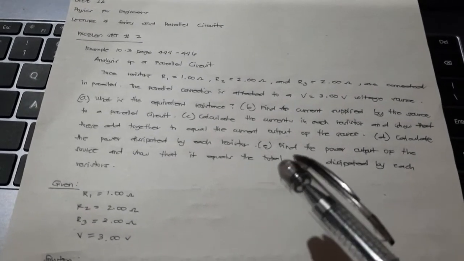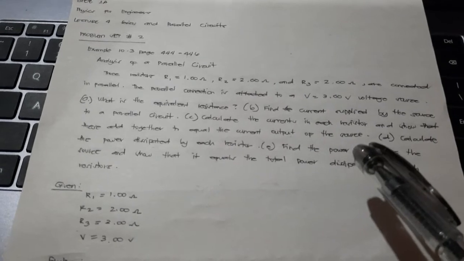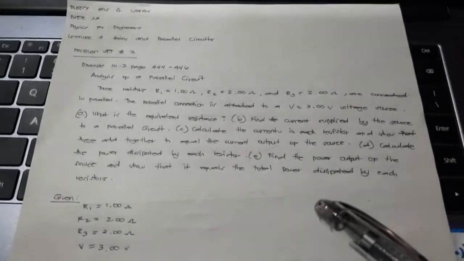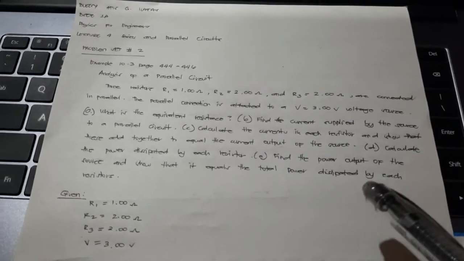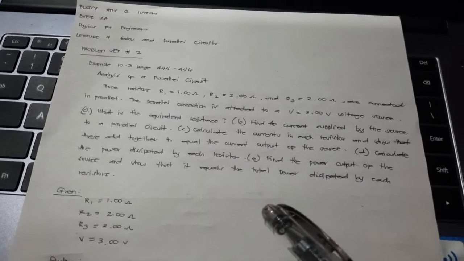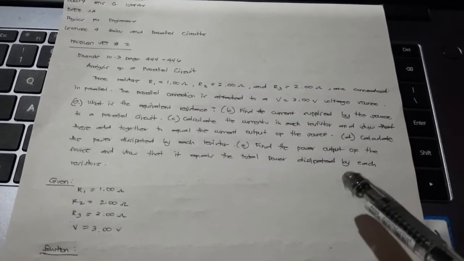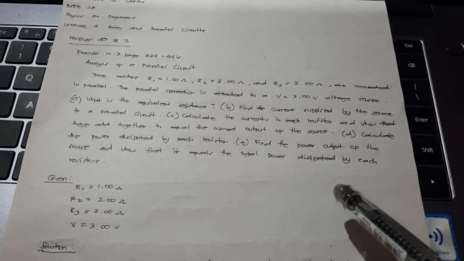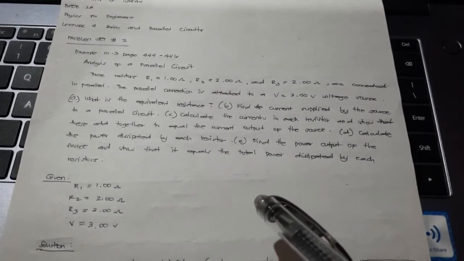The parallel connection is attached to a V is equals to 3 volt voltage source. A. What is the equivalent resistance? B. Find the current supplied by the source to a parallel circuit. C. Calculate the currents in each resistor and show that these add together to equal the current output of the source. D. Calculate the power dissipated by each resistor.